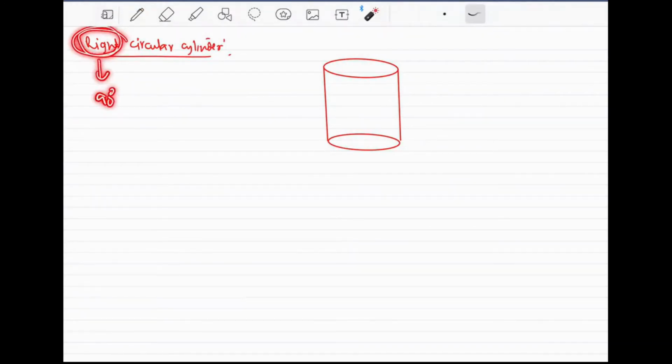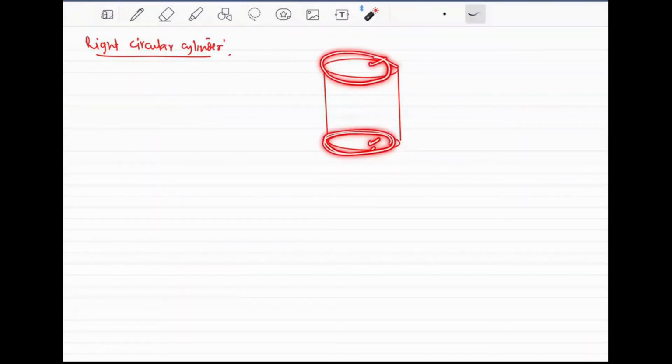That means there must be a 90 degree somewhere. The 90 degree is here. So we have a top and a bottom. These two parts are shaped like circles, right? If you look from the top of a cylinder or bottom of a cylinder, you will see a circle on the top and bottom. So this circle should have a radius, isn't it?